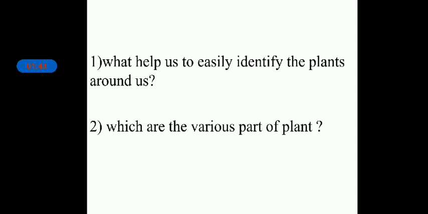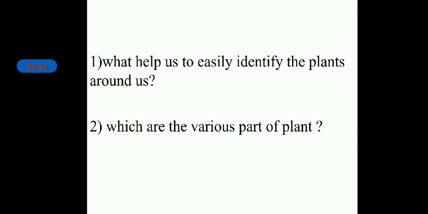Because they are different in color, size, and shape. We can say that the petals of a rose are more in number as compared to the hibiscus. Even the shape of them is different. These two cannot bear fruits, but the mango tree can bear fruits.